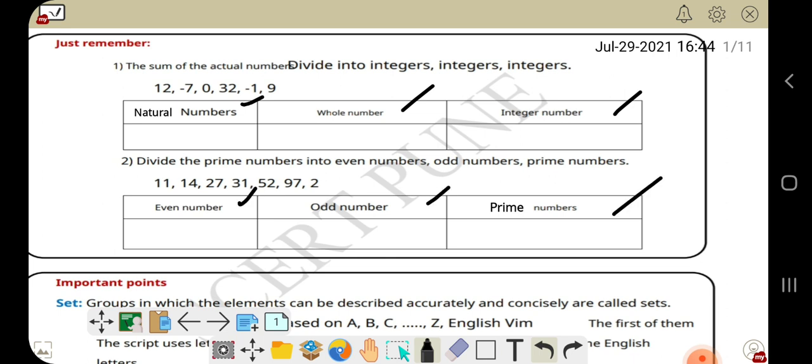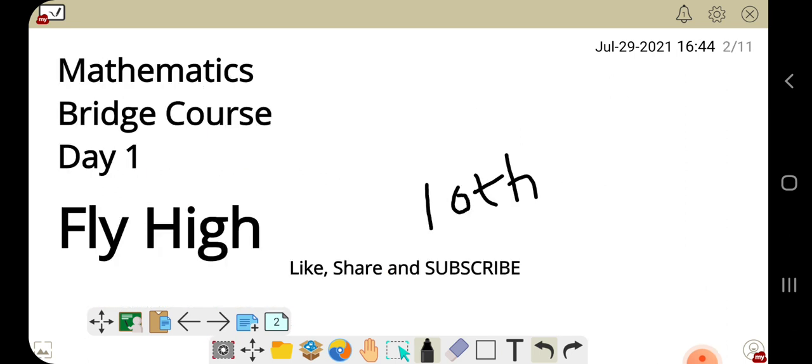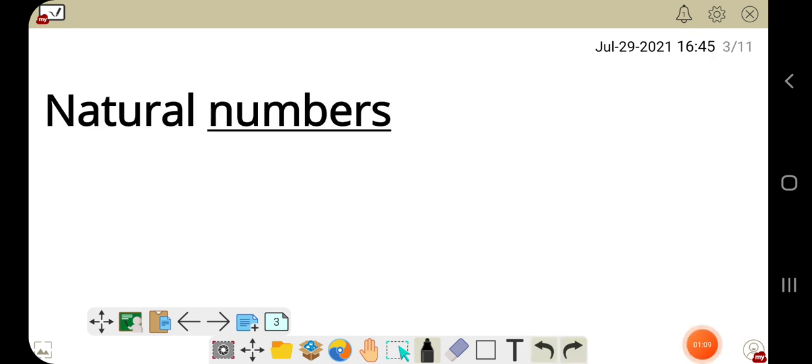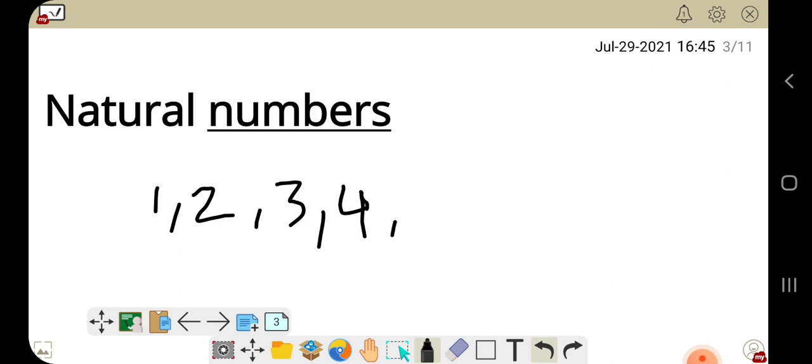Before you classify these numbers, you need to understand the definition of these numbers. What are the natural numbers? What are the whole numbers? What are the integers? So let's start. Natural numbers are the numbers starting from 1, and 2, 3, 4, all such positive numbers, 5, 6 and goes on.